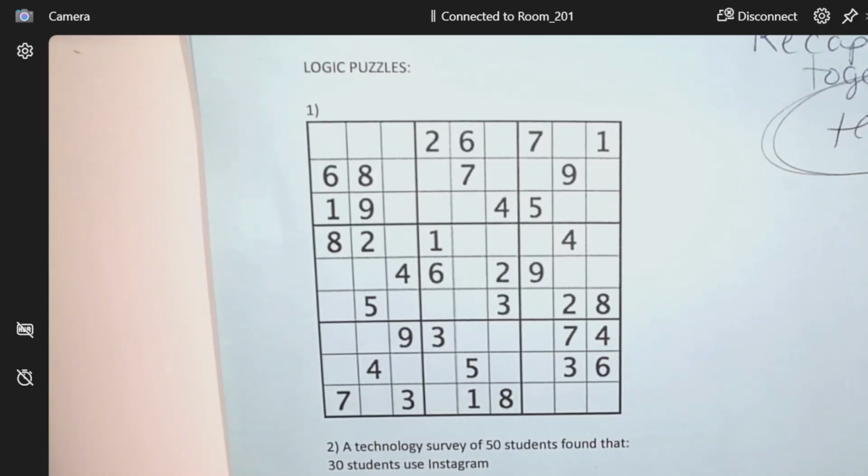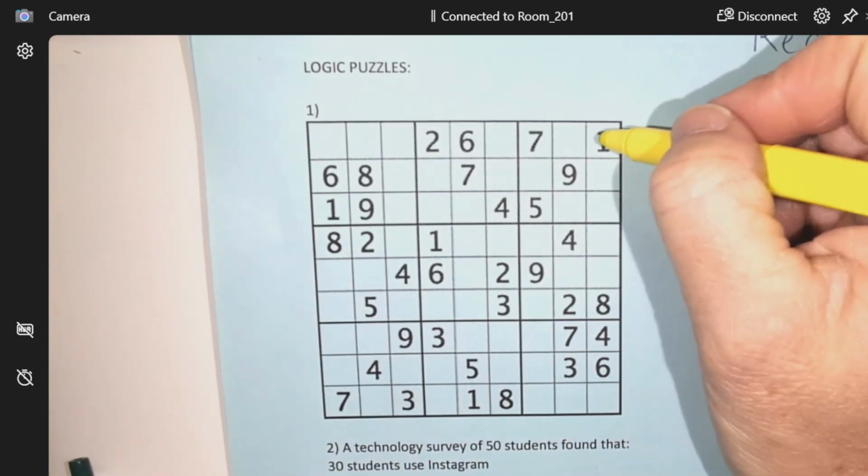Okay, Sudoku puzzle, there might be one on your exam. So I'm not going to spend too much time on this, but remembering your strategies, you can kind of do two things. So for an example, I might look at just ones.